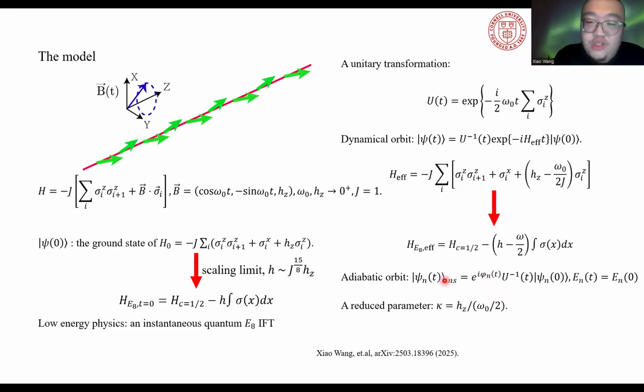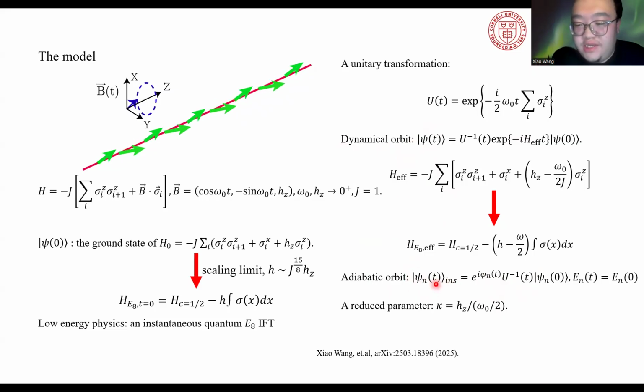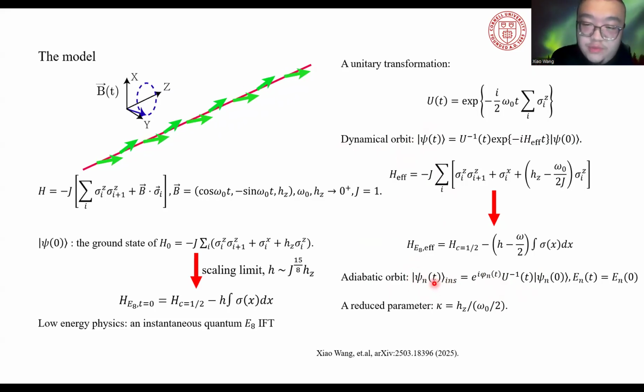We call the wave function that follows the time evolution from the Schrödinger equation the so-called dynamical orbit, and we call the instantaneous eigenstates of the instantaneous Hamiltonian the so-called adiabatic orbit.